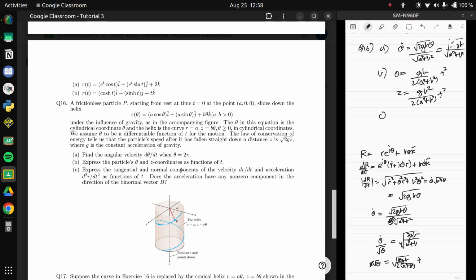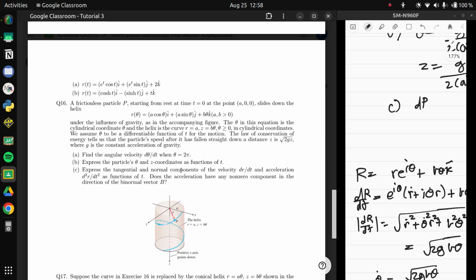I mean, something doesn't quite add up. Look, dr by dt by definition is the tangential component. So this is weird. What are you even talking about? I don't know. So we know what dr by dt is. That's enough for me already.